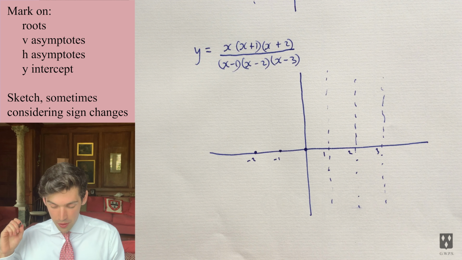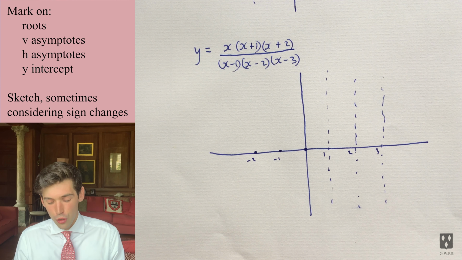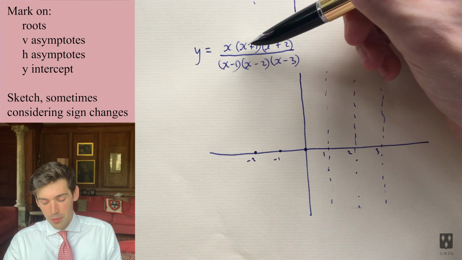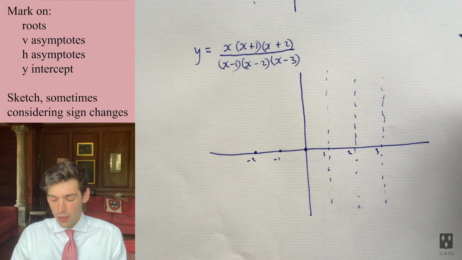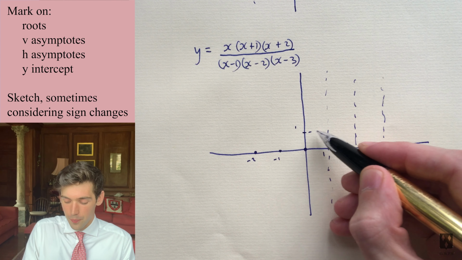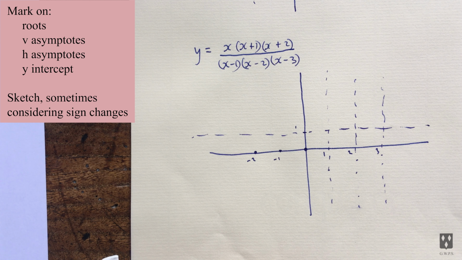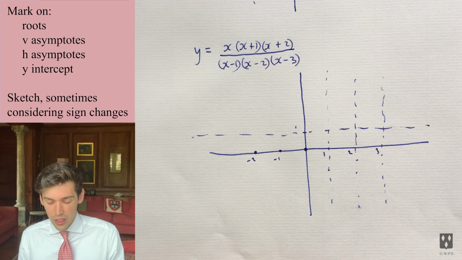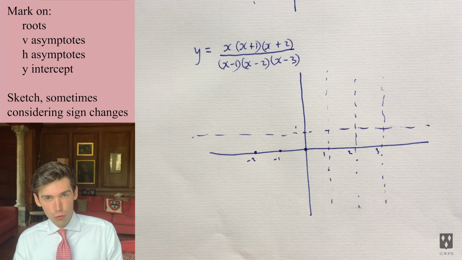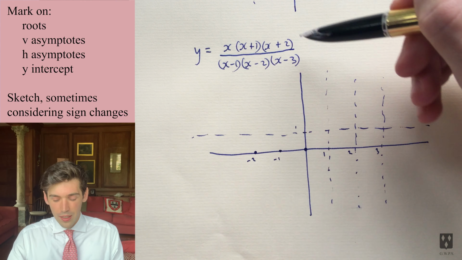Now let's just remember the horizontal asymptote. When x is very large, you get effectively x times x times x over also x times x times x. So we've actually got an asymptote at 1. And now let's just consider the sign changes. The easiest way to do this is just go to the region furthest to the right. And in this region over here, all of these factors are positive.